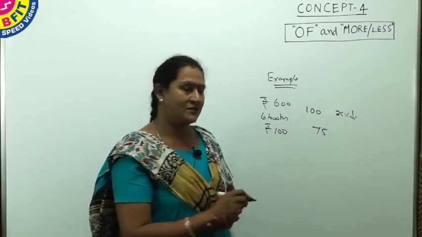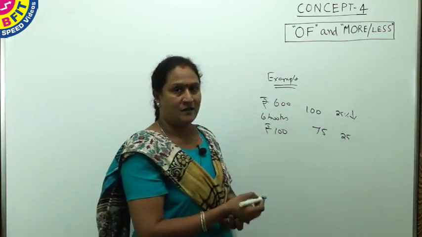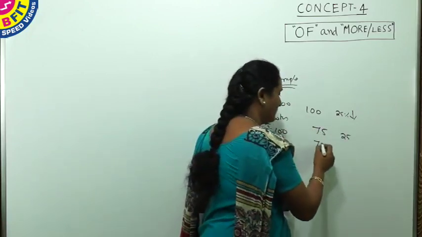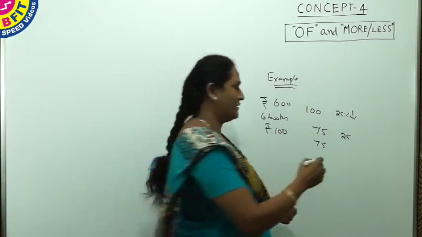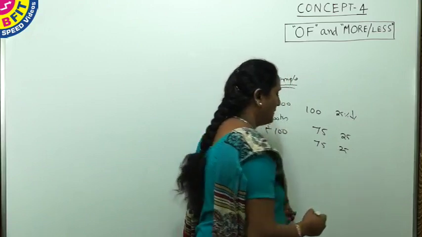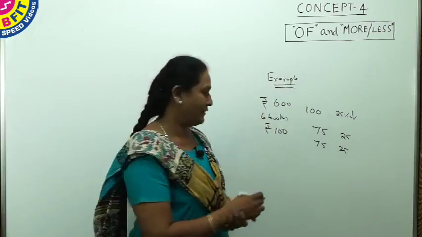Now how much will he save? He will save 25 rupees. And on another book, 75, how much will he save? 25% of the other book, 25. So likewise, for each book he will save 25.